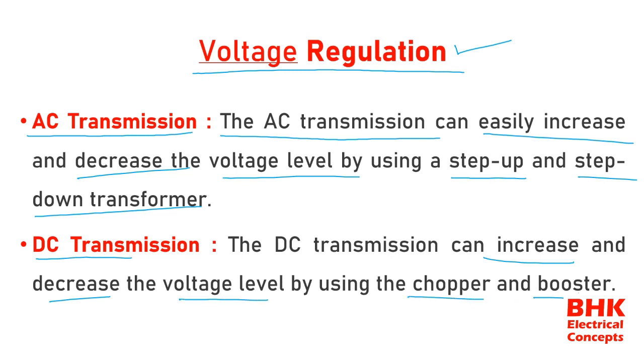Choppers and boosters. With chopper circuits and booster circuits, we can easily increase and decrease the voltage levels in DC transmission. But in AC transmission, stepping the voltage levels up and down is possible with the help of the transformers we use.